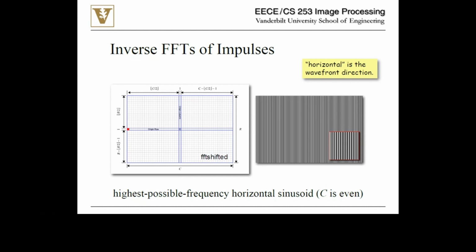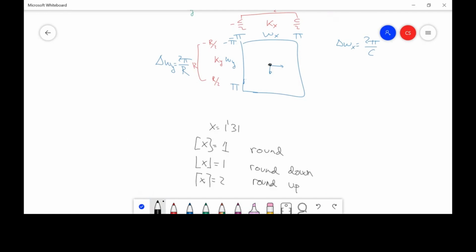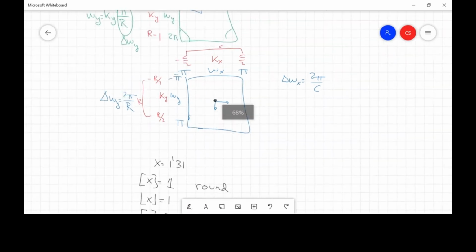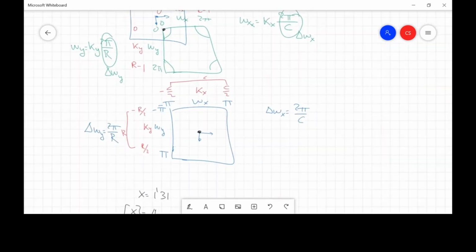Okay, so let's say this is the origin, and we have a single delta at this location. So a single delta will be a sine. Let's be more careful about this representation here.